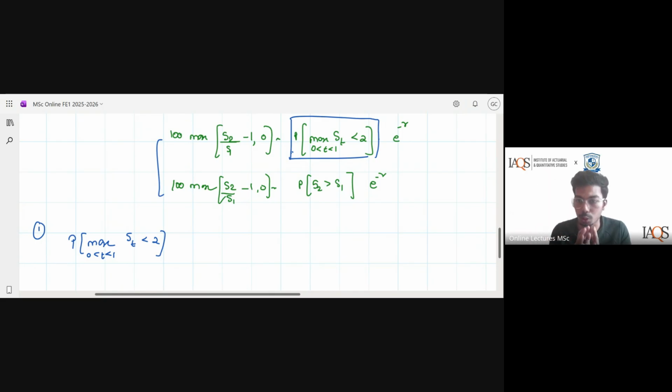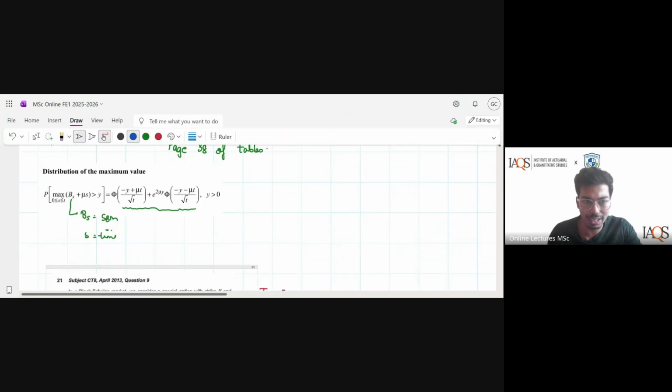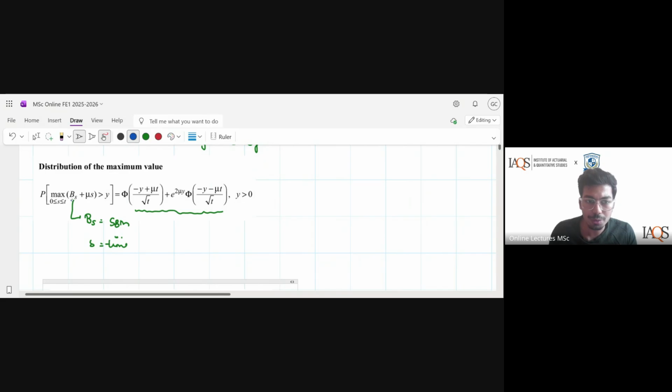That is what you can calculate through this type 4. But I know in my equation that I've seen, it is probability of max of standard Brownian motion plus something into time. But I know here it's not of this particular form. Here it's simply ST. So you'll have to work around to bring it into this particular form for you to be able to use this particular equation.